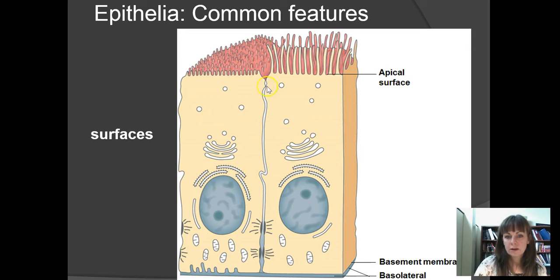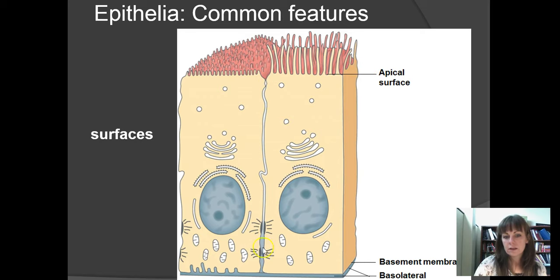Here, my mouse is drawing the edge of the cell, and all of these little finger-like projections are also the surface of the cell. So the side of an epithelial cell that is near the surface is called the apical surface.